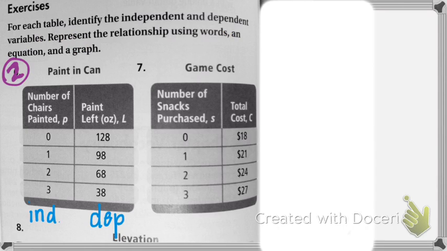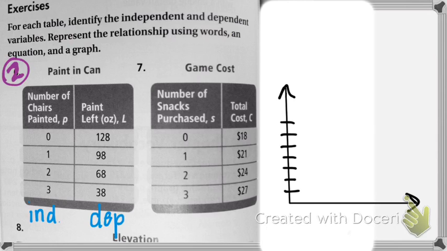First thing I'm going to do is the graph, because it's the easiest. If you'll notice, it's positive and positive, so we're still going to use a first quadrant graph. And when you count off the hash marks on this graph, you have to count at even intervals. So this goes all the way up to like 128, and then it starts down here at 38.